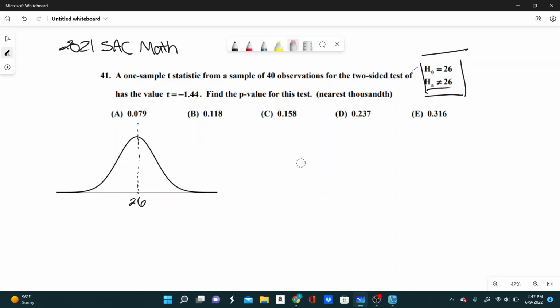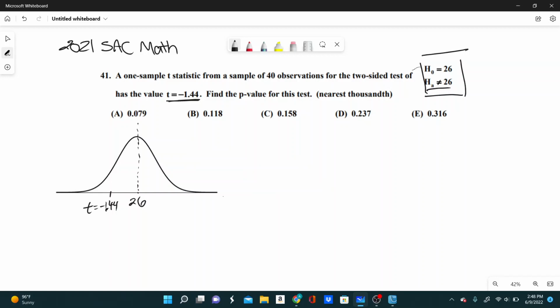So if you get a t of negative 1.44, that means that whenever you did your 40 observations, you got a mean that was not 26, but it was actually 1.44 standard errors below the mean. So somewhere down here, you got a t value that is negative 1.44.